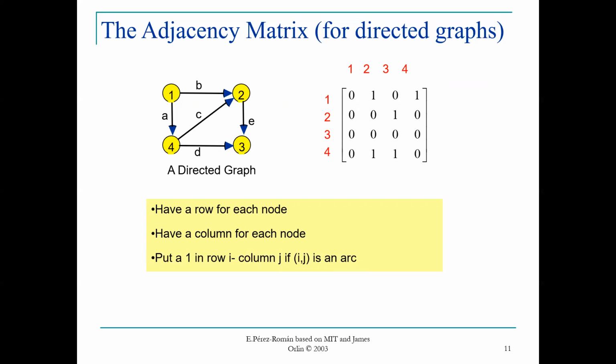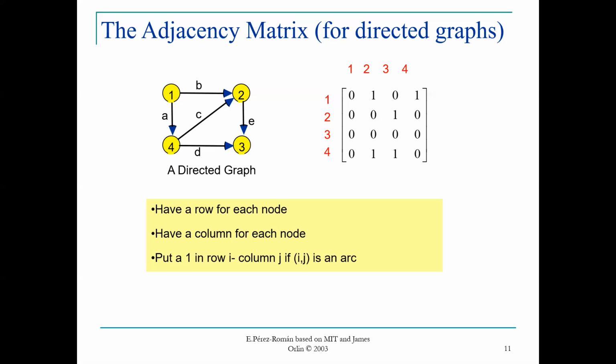Since we don't have any other arc leaving 1, the rest of the elements in that row are equal to 0. For the second row, we have only one 1. If you go to node number 2, you see that there's only one arrow pointing out of 2. So that's why we only have a 1 in that row, and that one goes from 2 to 3. We do the same exercise for node number 3.